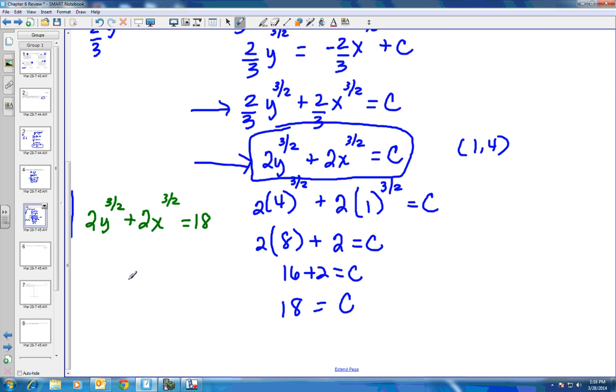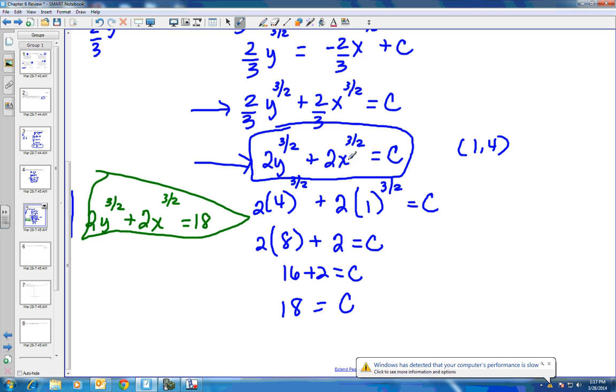Okay? Now, that's fine. That is a correct answer. But he's saying, what if I would have divided by 2? Well, if he would have divided by 2, he would have gotten 9 as his c. But look, if I divide everything here by 2, is that what I get? So it doesn't matter, all right? I could have divided everything by 2, plugged it in, and I would have gotten c is 9. But then these 2's wouldn't be there, so when I plug them in, I still get the same thing.